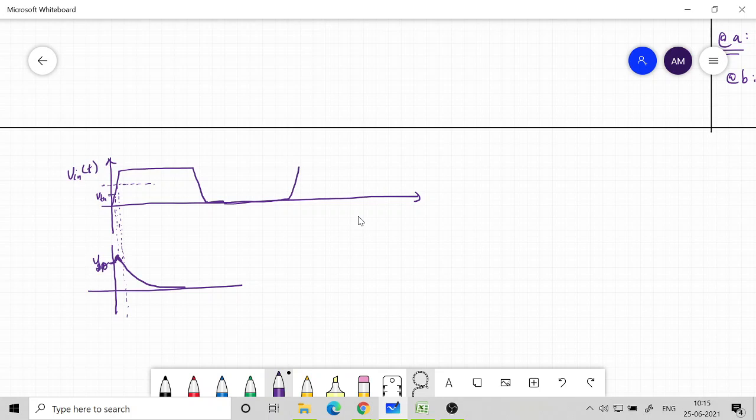So this is the type of input we can create in the SPICE program, these pulse waveforms. Okay, so then what happens? When the input is changing from high to low, the output is already at VDD. Sufficiently it is discharged through the NMOS, and then the input is coming down to 0.